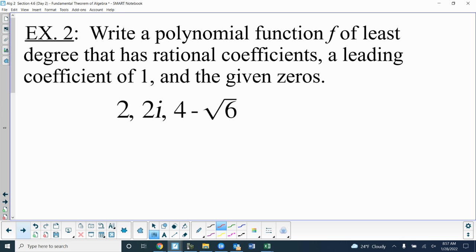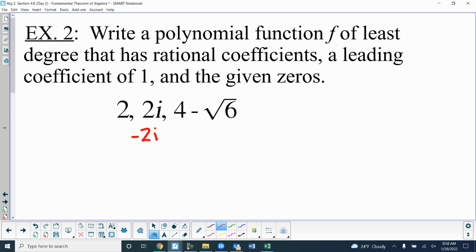Now, when you have complex ones, okay, they only show you 3 of them. But what did we just say before this? The imaginary ones and the radical ones have come in what? Pairs, right? So they're going to want you to remember what's the pair with positive 2i? Negative 2i.